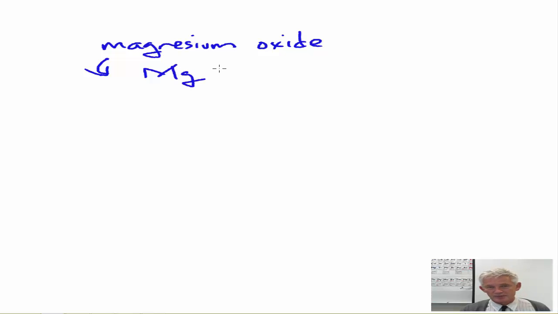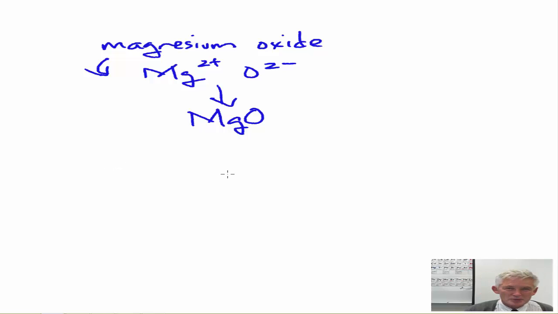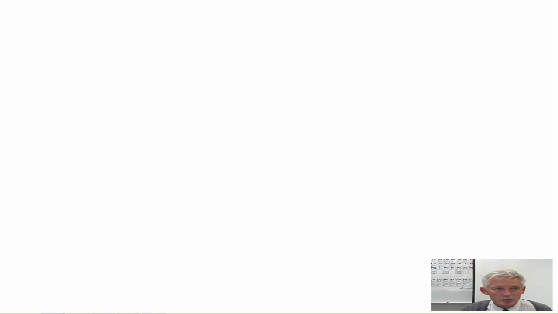So magnesium is 2+, oxygen is 2-. Guess what? Those both add up to 0. So the correct formula for magnesium oxide is just, in lowest terms, MgO. And again, I apologize because, hey, we're supposed to be naming compounds, not writing formulas. But you know what? Let's not compartmentalize knowledge here, because you really have to be able to go both ways.